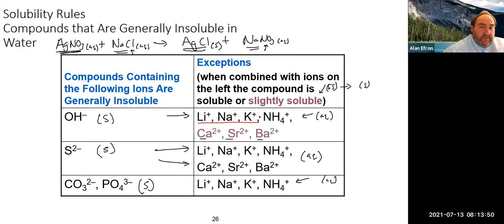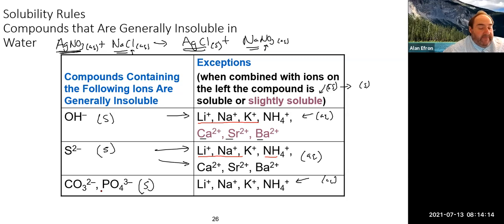Slightly soluble, in most people's indication, usually leans a little bit towards being insoluble, but as the name implies, there is some sort of solubility. Sulfides are again typically going to be our solids, except for our group 1 and ammonium exception, and some of our group 2 ones here, calcium, barium, strontium.